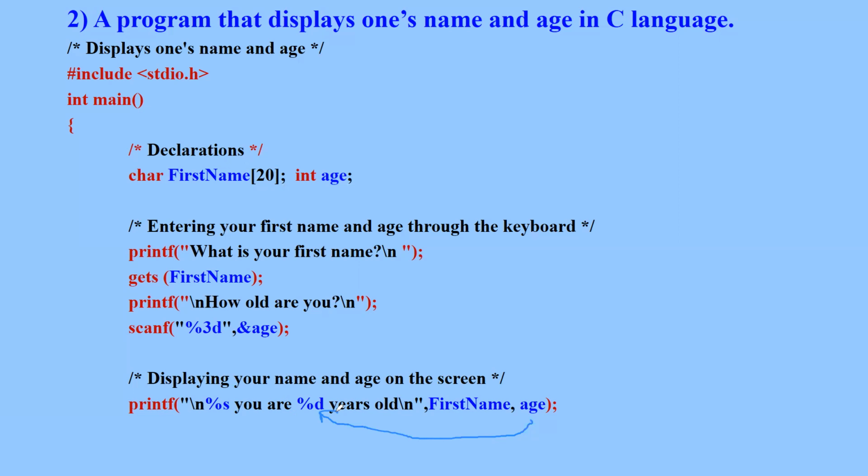So pick whatever is in the memory location called age and place it here in the statement, followed by years old, and drop one line.